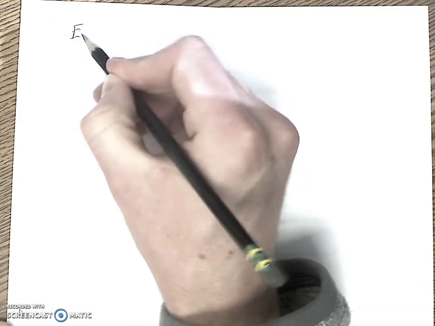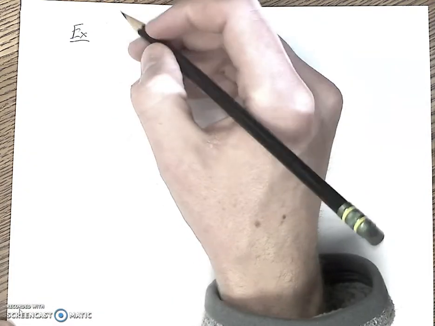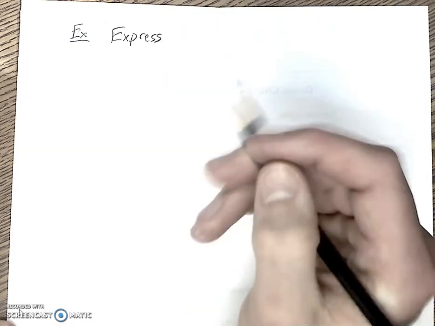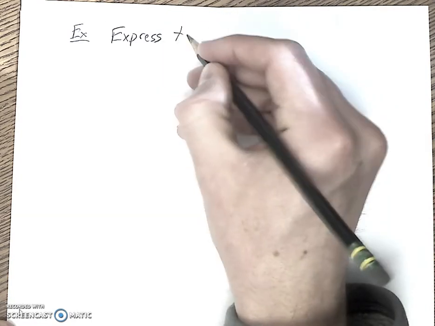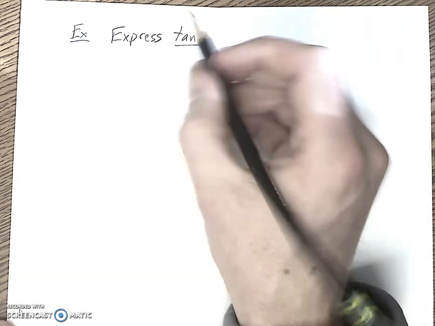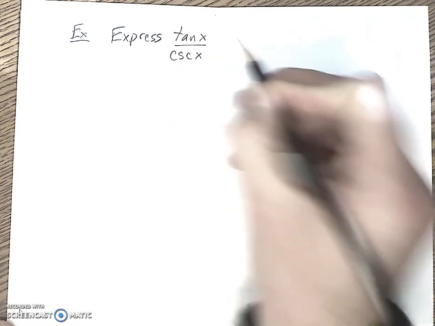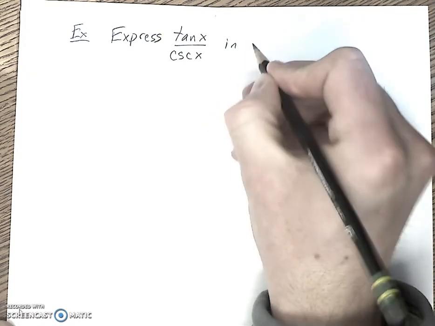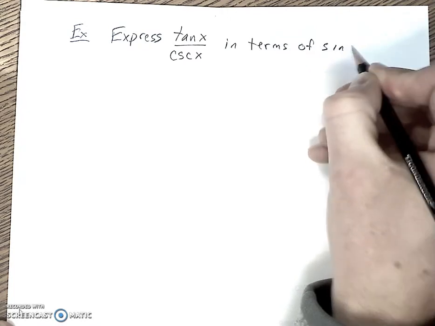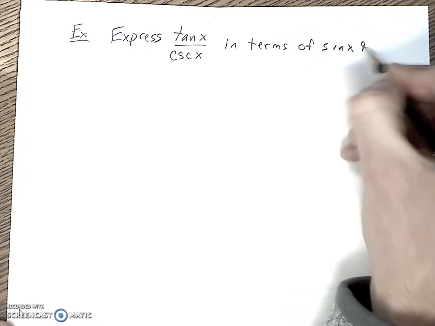Here is another example of what we were just talking about. Let's say we want to express, and these are what some of your homework problems are going to say, express the tangent of x divided by the cosecant of x in terms of sine of x and cosine of x.